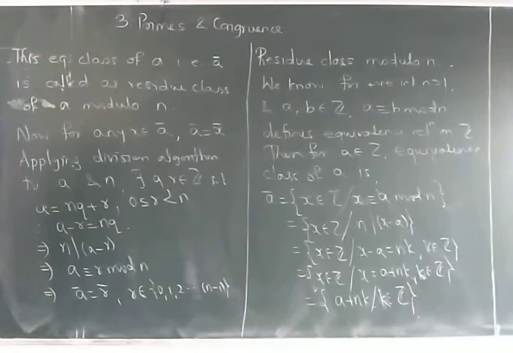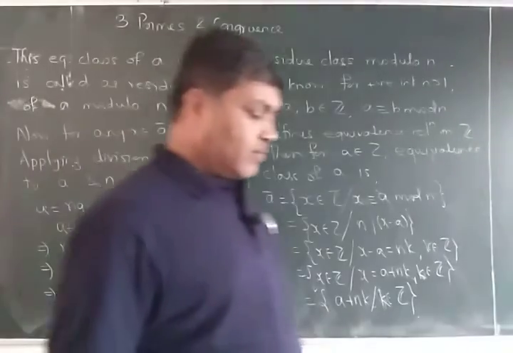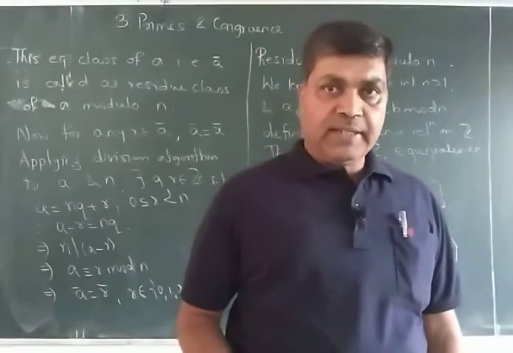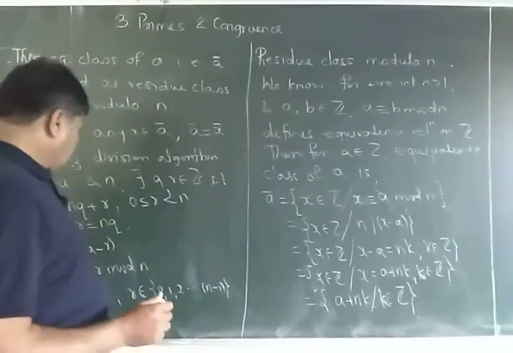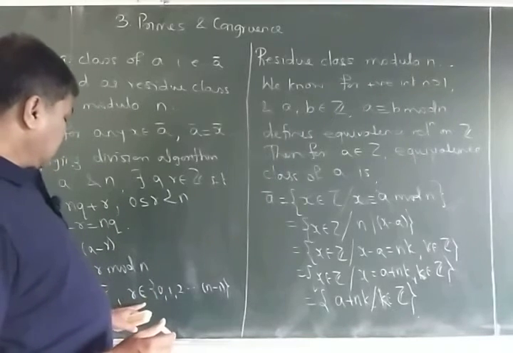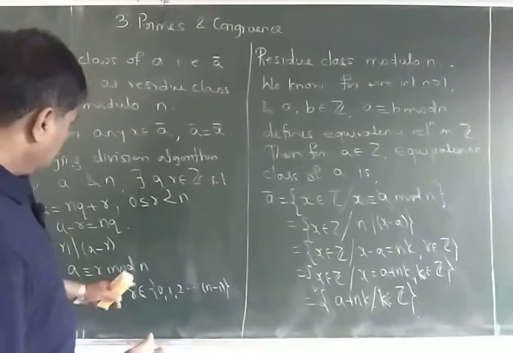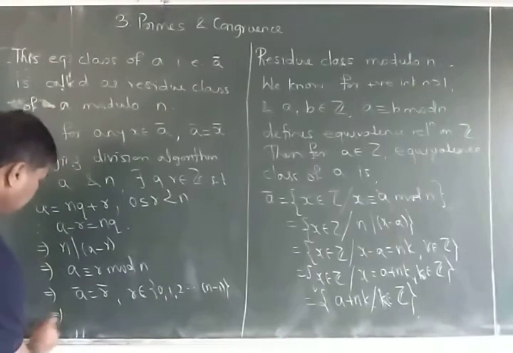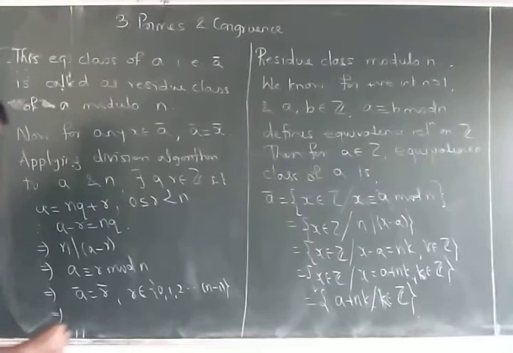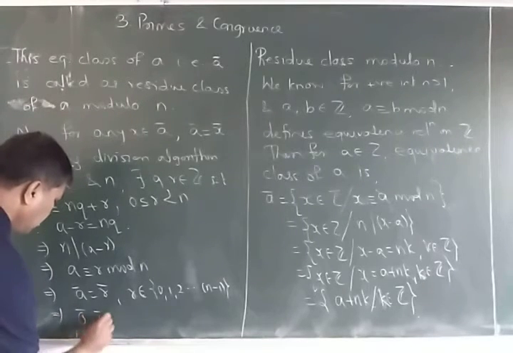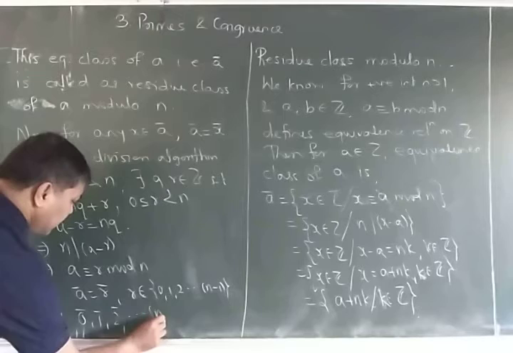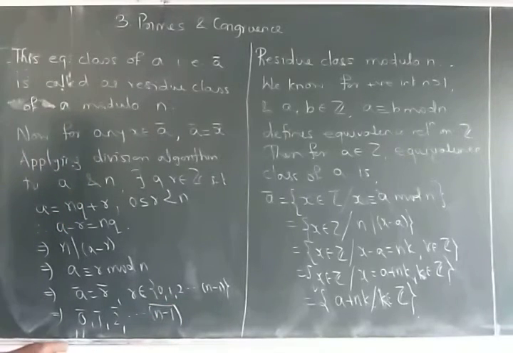Is it right? So, for any a belonging to Z, a bar equals r bar, where r is 0, 1, 2 up to n minus 1, which implies 0 bar, 1 bar, 2 bar, up to n minus 1 bar are the residue classes. There are at most n residue classes modulo n.